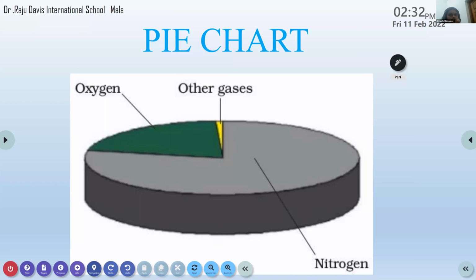Nitrogen. That means most of the pie chart is represented by nitrogen gas. We have already studied that the percentage of nitrogen is 78% in atmosphere. The next comes oxygen gas, and the remaining is other gases. So this diagram represents the amount of gases in atmosphere. Is it right?